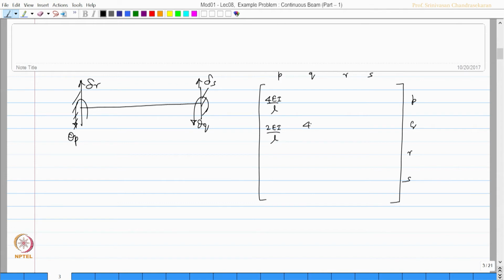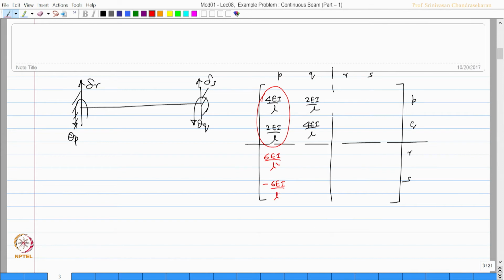Similarly, this will be 4 EI by L and this will be 2 EI by L. We can partition this matrix this way. Remaining all can be derived, we already said that. Adding these two, divide by L, that is 6 EI by L square, and put a negative sign to this, 6 EI by L square.